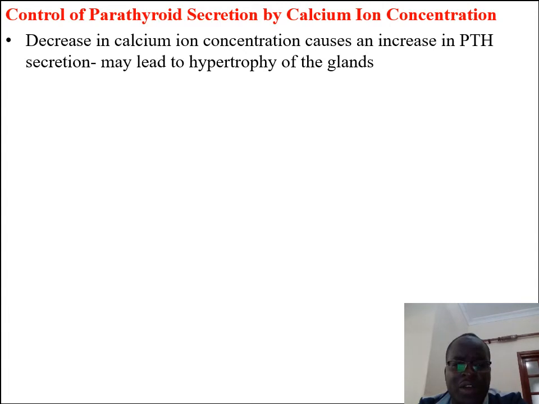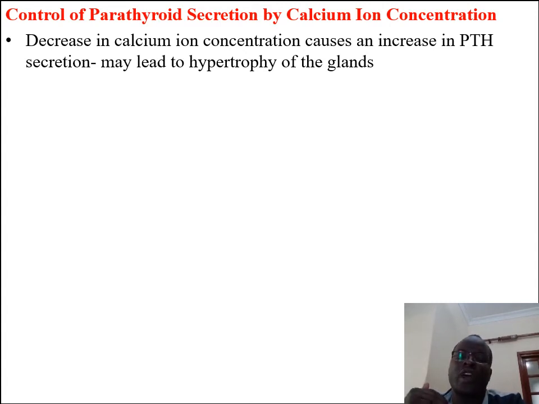A decrease in calcium ion concentration causes an increase in parathyroid secretion. This may also lead to hypertrophy of the gland. If there are low levels of calcium, the chief cells will be overstimulated to release a lot of parathyroid hormone.